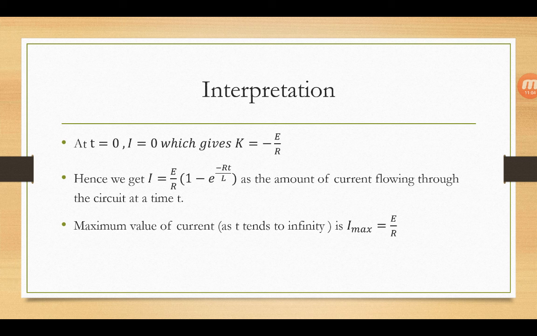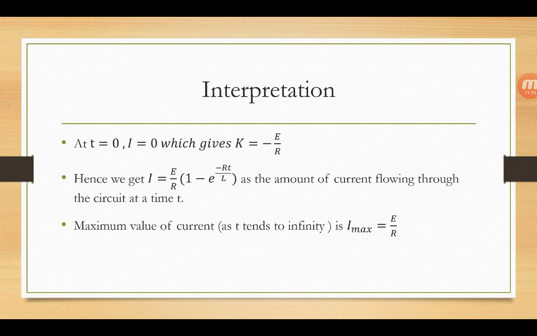One interpretation of the above value of I: as t tends to infinity, e to the power minus Rt by L tends to 0, and we get the maximum value of I as E by R flowing through the circuit.